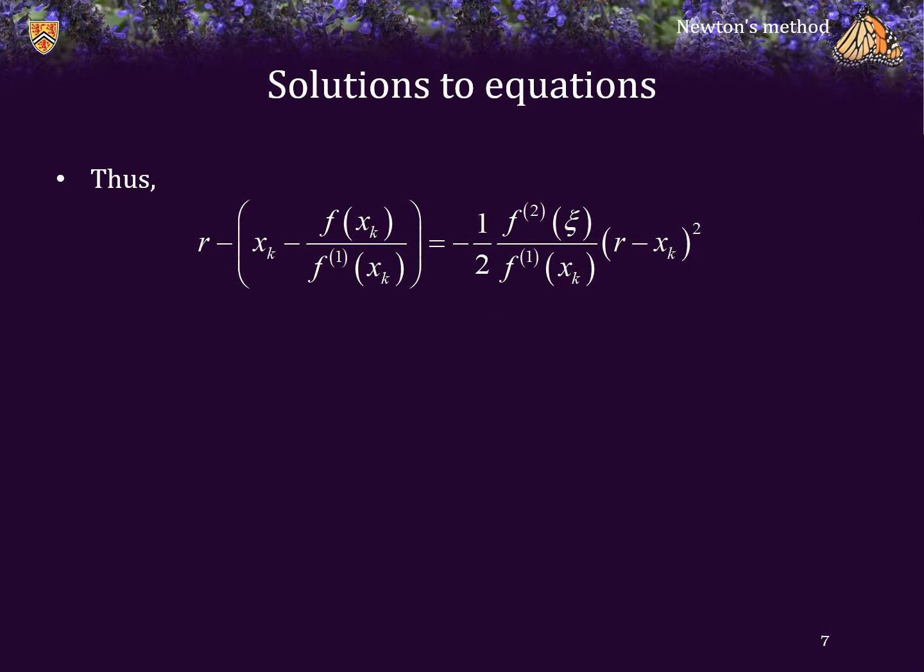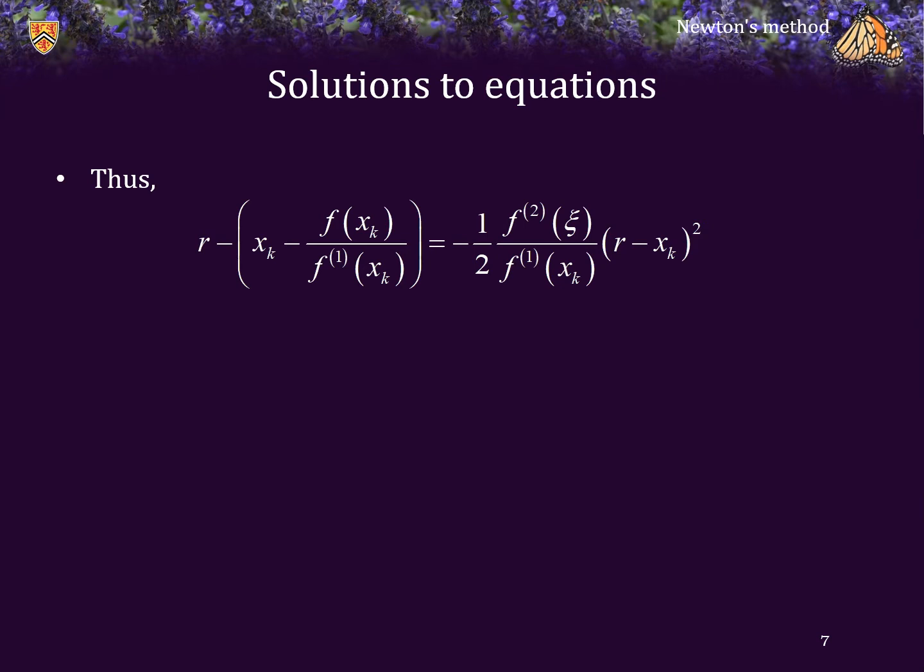Consequently, let's bring the expression r minus that expression to the left-hand side, as here, and this is now equal to a ratio times (r minus x sub k) all squared. Recall that r minus x sub k was the error of the approximation x sub k. Now, let's look at what's in the parentheses on the left-hand side.